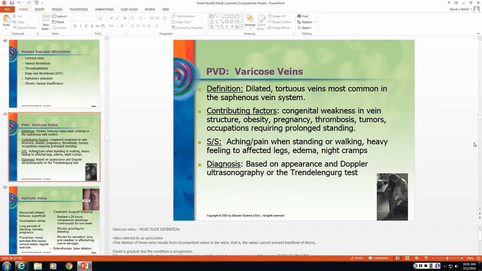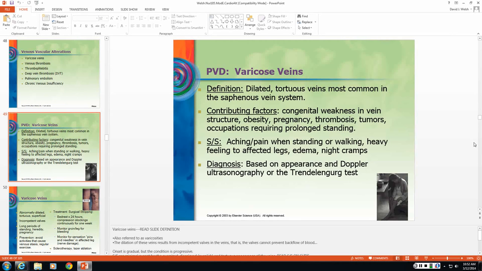Contributing factors are congenital weakness in the vein structure, obesity, pregnancy, thrombosis, tumors, or occupations that require long periods of standing. So your factory workers, unfortunately nurses, anybody that stands on their feet for long periods of time are going to be susceptible to varicose veins.